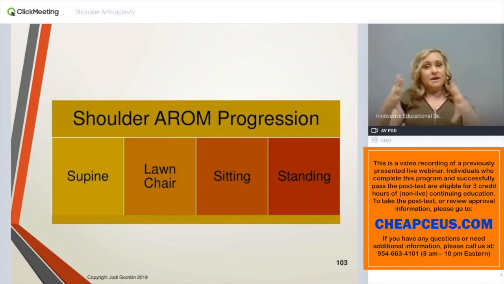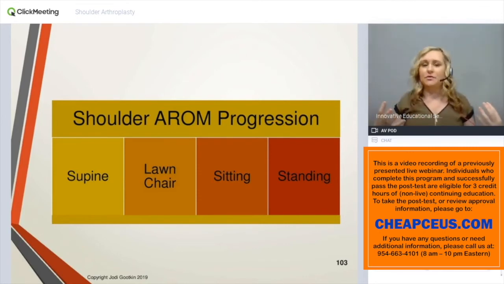So all of those things can be a progression. Even as we add resistance, maybe you add resistance but take them back down a position. So there are lots of ways you can get creative in terms of achieving appropriate alignment, appropriate recruitment, and progressing the patient's strength. But be cognizant in this population that you're really remembering that scapulohumeral rhythm.